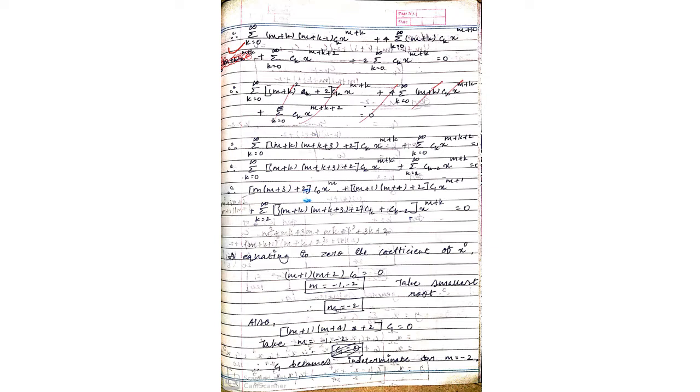Converting into a single term of x, that will be x to the power m plus k, right? See the second term, again that has two terms of x. So again converting into a single term of x, it will be 4 as it is, and x to the power m plus k only, because plus 1 minus 1 will be removed.